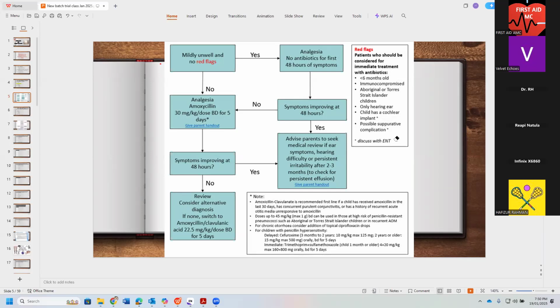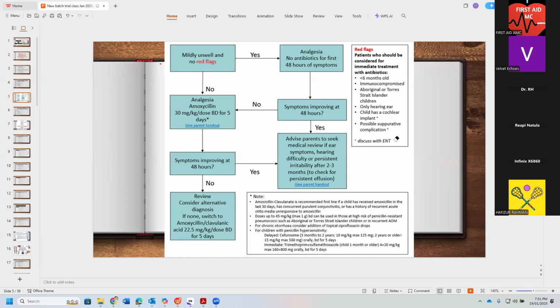Why is Aboriginal counted in red flags? Because of the culture. It's not because of education, but because of the culture. They don't do follow-up with their doctor, so they will come to the doctor only when they feel that the child is not responding to anything.